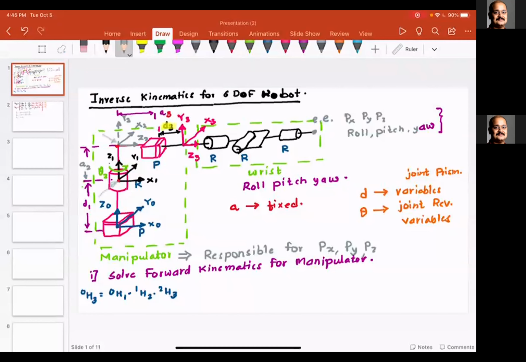From here to here the distance also does not change, so I'm treating that distance as A3, which is fixed. But then you have a prismatic joint, and it can extend, and that extension is D3. So please understand, this is the convention. Now I think the problem setup should be correct.